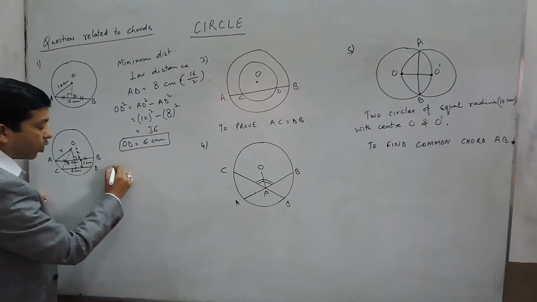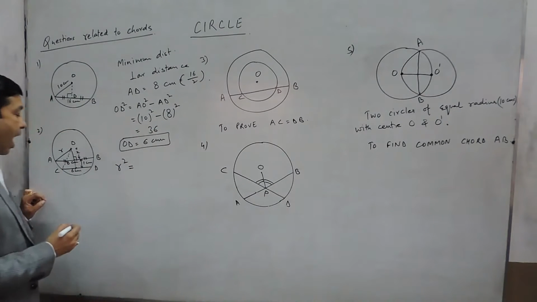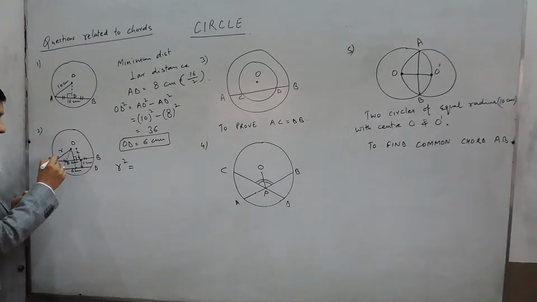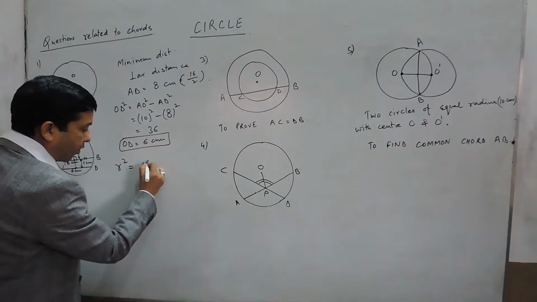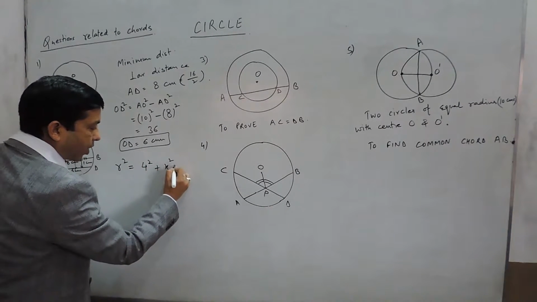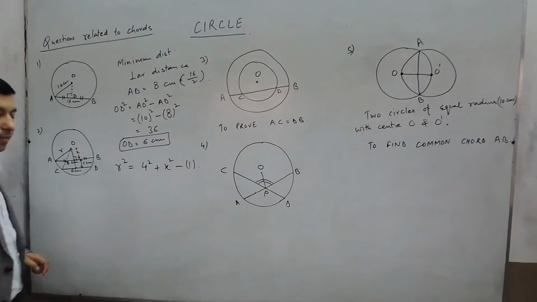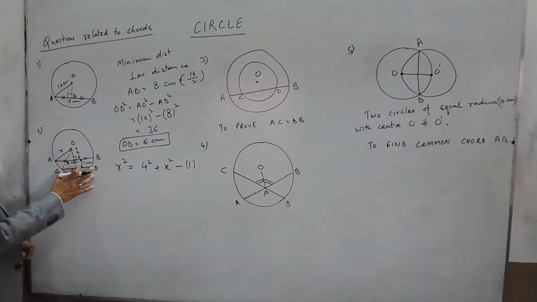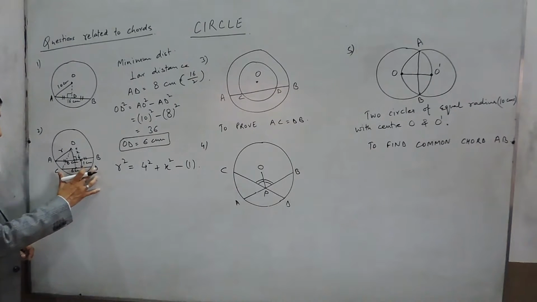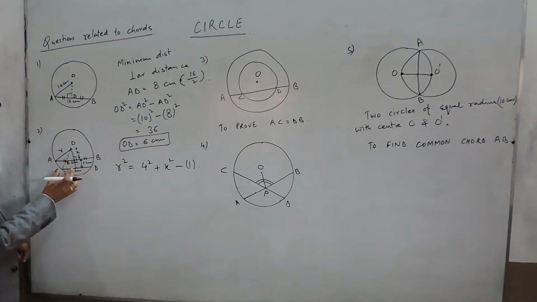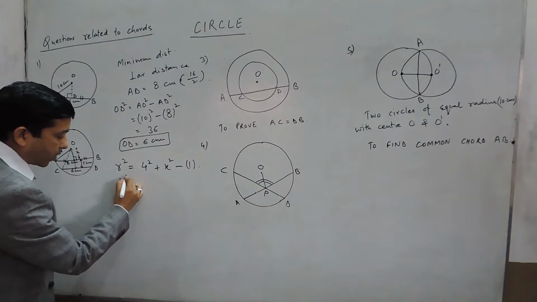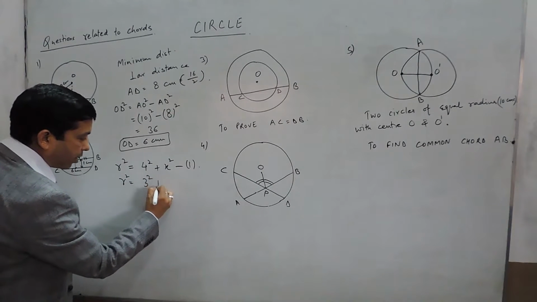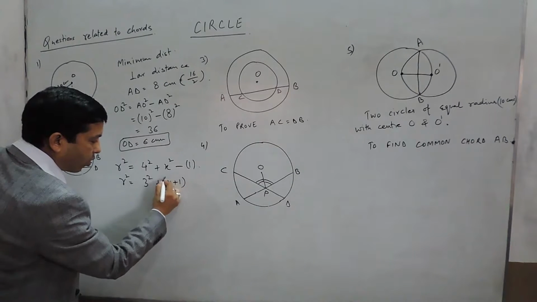So we will have two equations. The first is r square is equal to 4 square plus x square. And the second equation is based on the second chord, where r square is equal to 3 square plus (x plus 1) whole square.